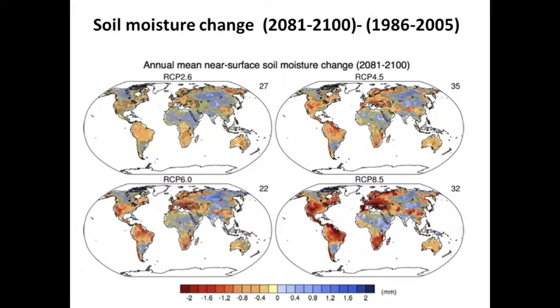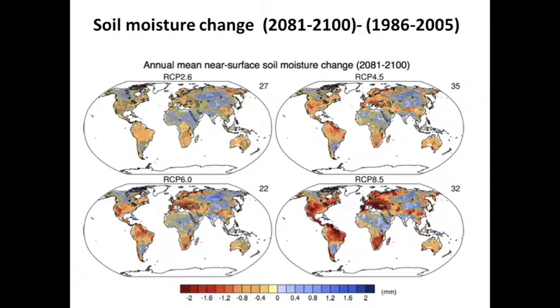And what about the soil moisture? In the projections, the reds and the yellows are showing a reduction of soil moisture, mainly in these regions here.